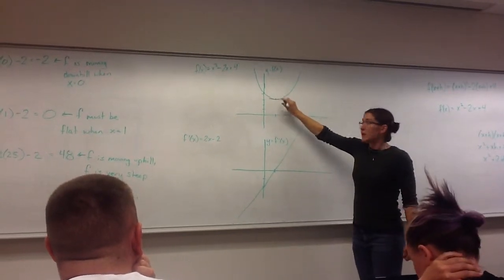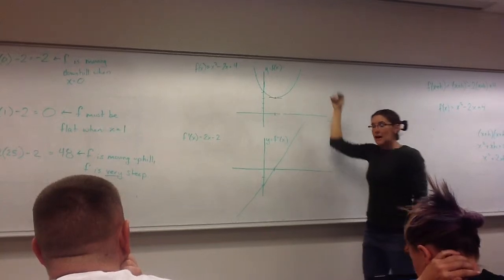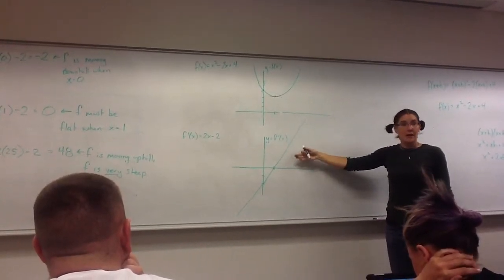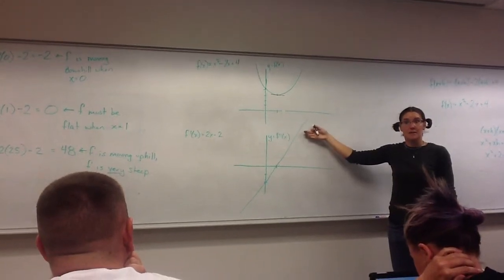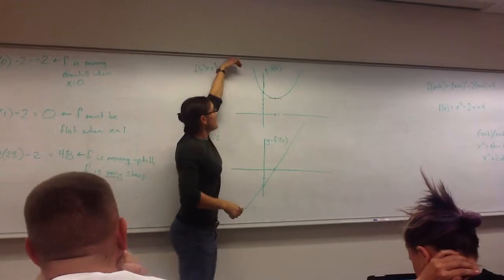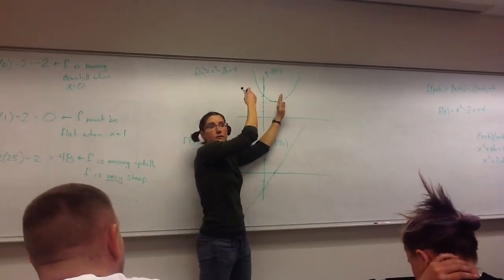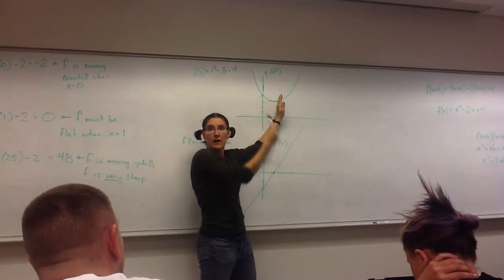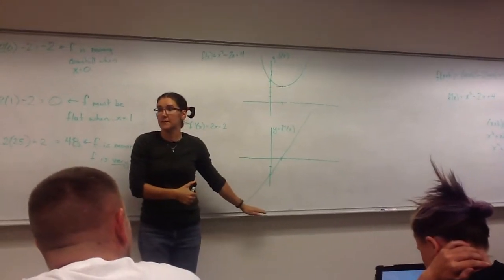When our original function is increasing, is moving uphill, the height of our f prime graph is positive. It's above the x-axis. And when our original function is moving downhill, when our original function is decreasing, our f prime function is below the x-axis.